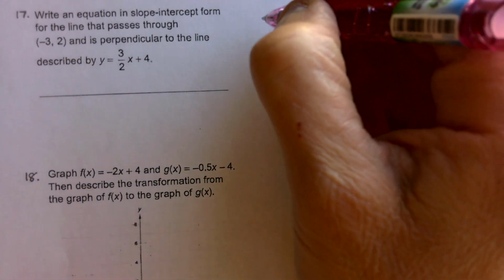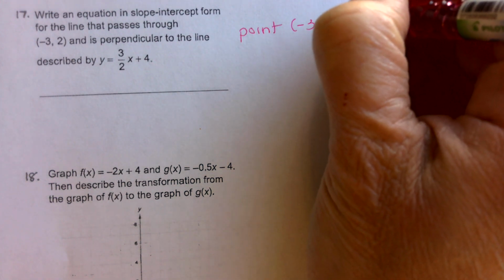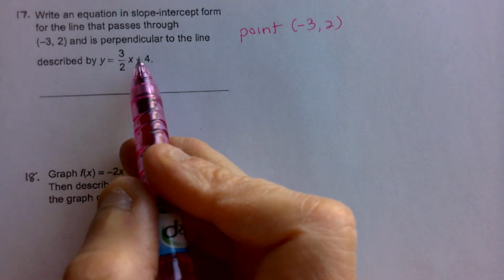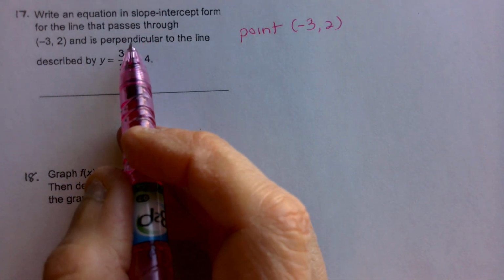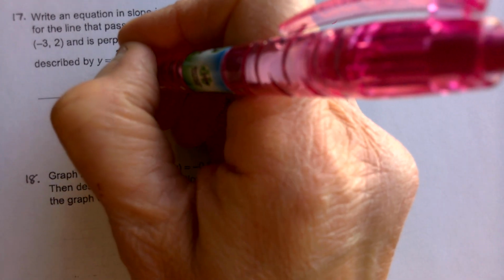So what do we have here? We have a point. We don't have anything else. We just have this line that it is perpendicular to. So when they give you another line that it's either perpendicular or parallel to, the only information you want from this is the slope.